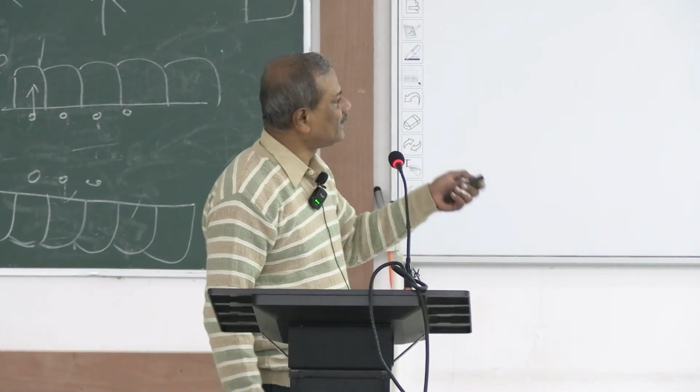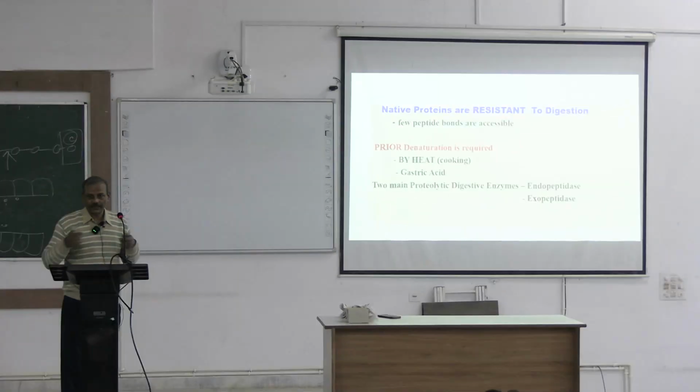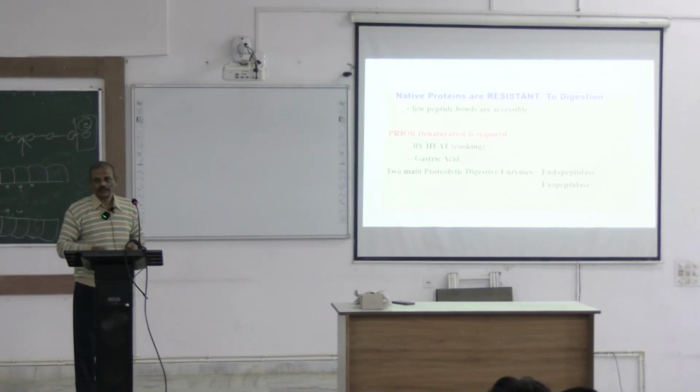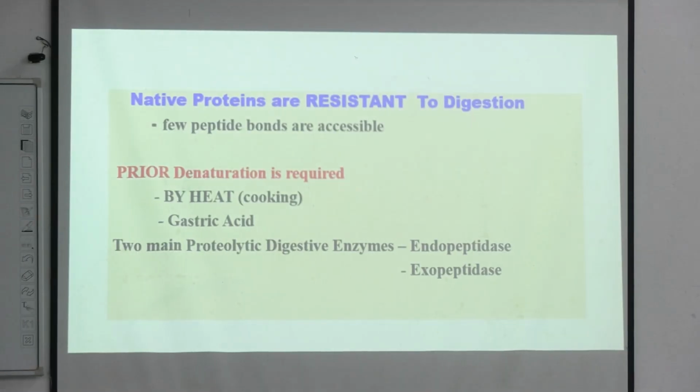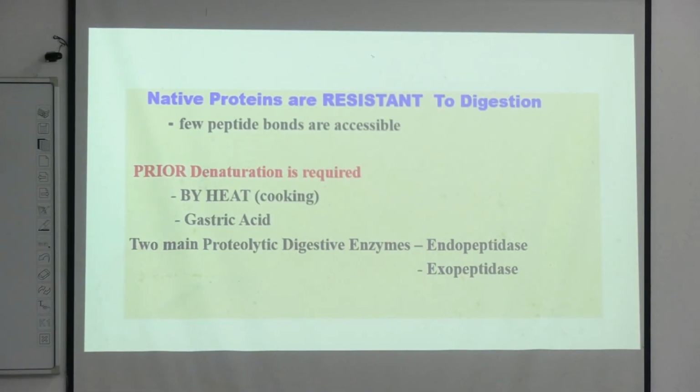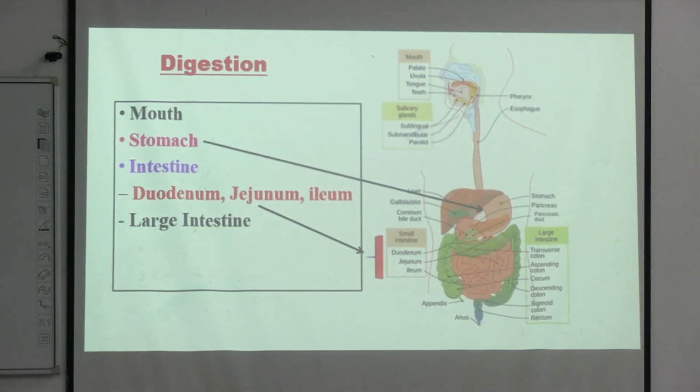As I told you, native proteins are resistant to digestion because of the inaccessibility of the peptide bonds. So, prior denaturation is required, by cooking, and the gastric HCl, an acidic medium, further denatures the protein and makes it accessible to the main proteolytic enzymes, as I told you, endopeptidase and exopeptidase.